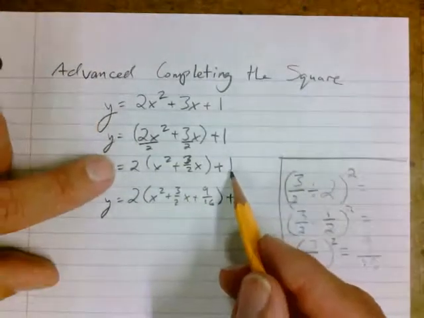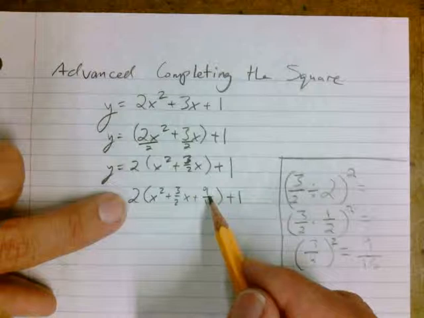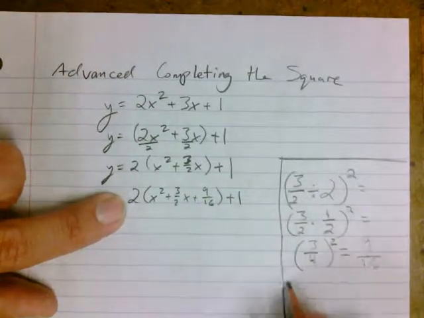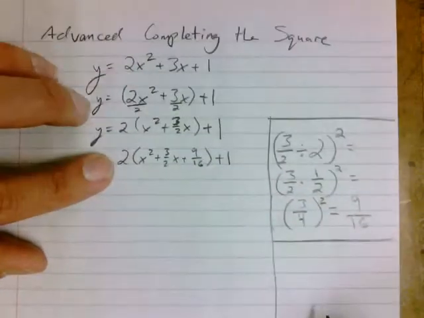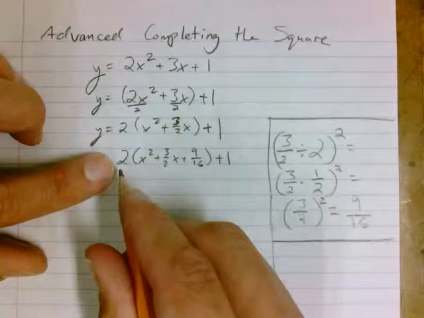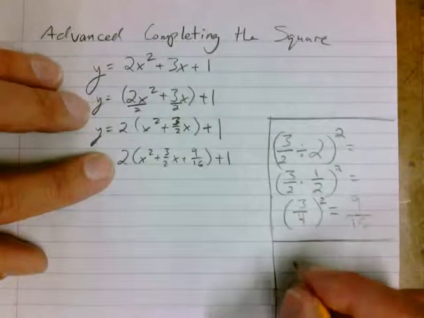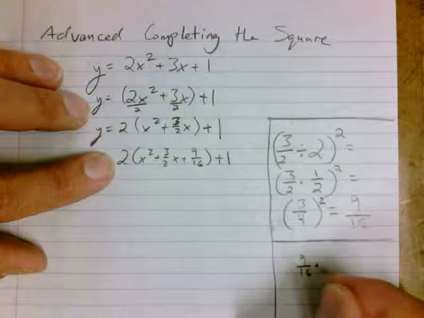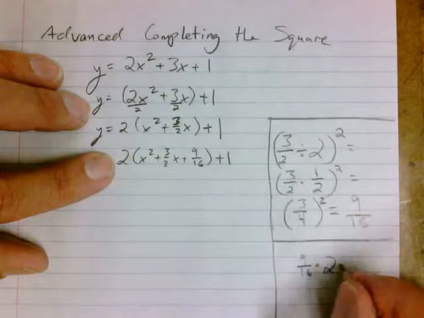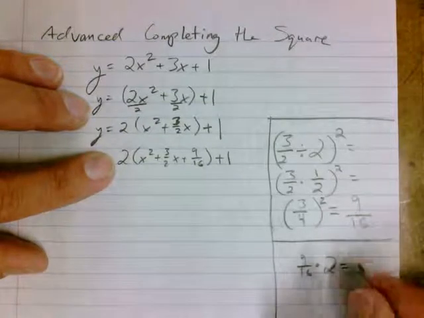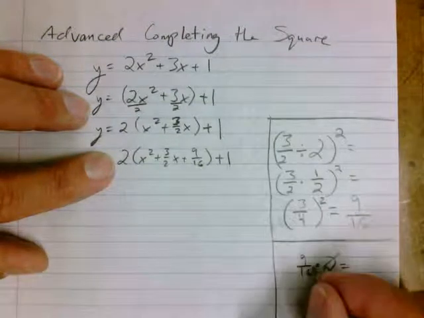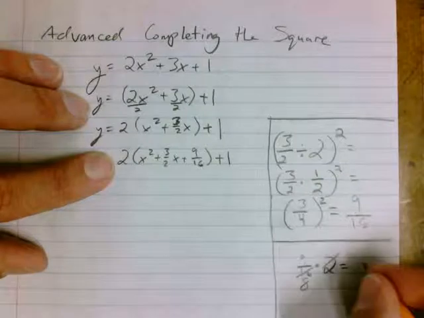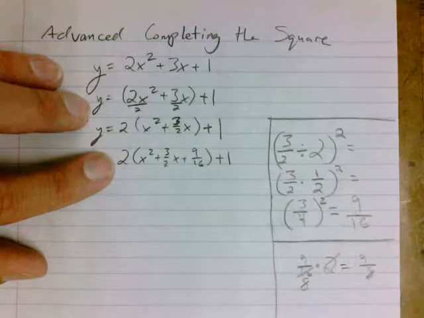Okay. Plus 1. Now we also are going to subtract what we just added inside the parentheses. And what we just added was 9/16 times 2. So really, it's going to be 9/16 times 2, which is going to be 9 over 8.